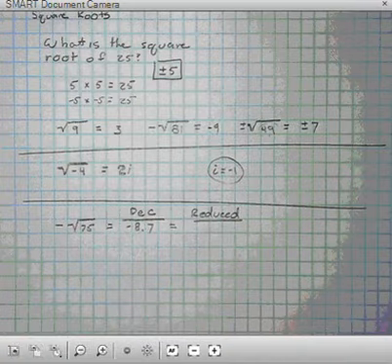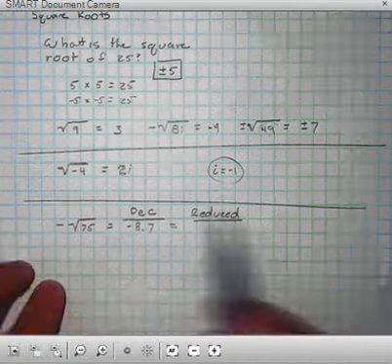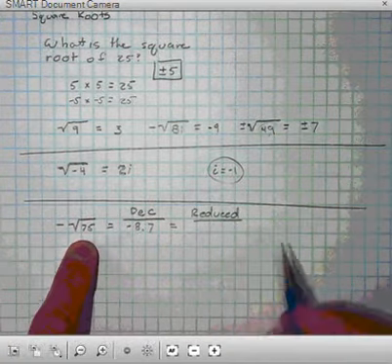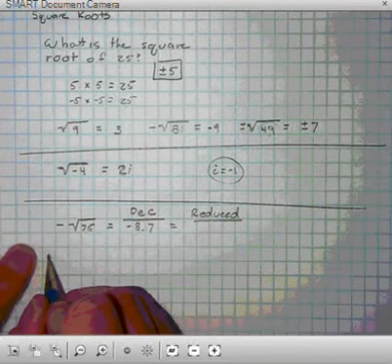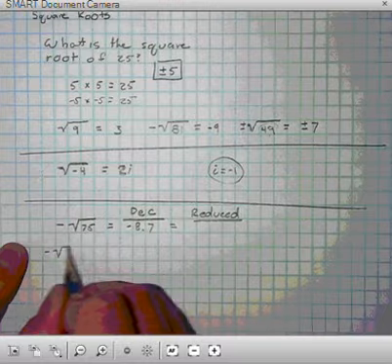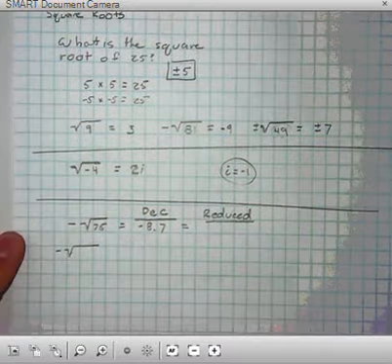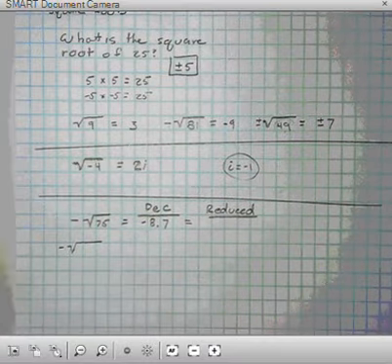To write it as a simplified or reduced radical, what you need to do is find the factors of 75. So for example, inside here, I could actually write the factors of 75. What are the factors of 75?